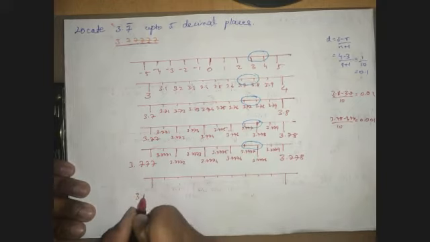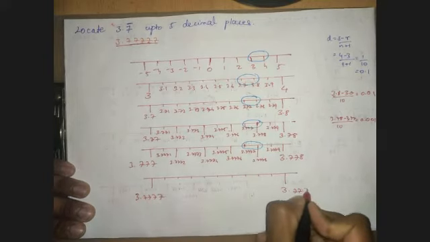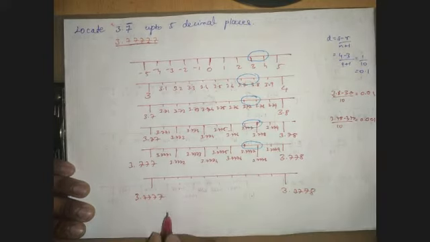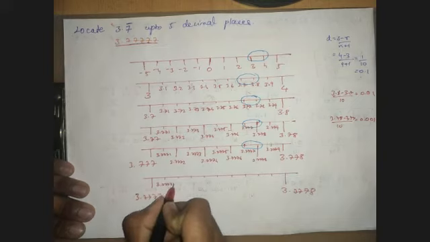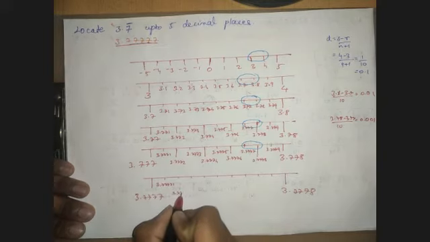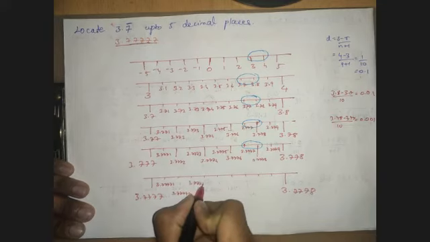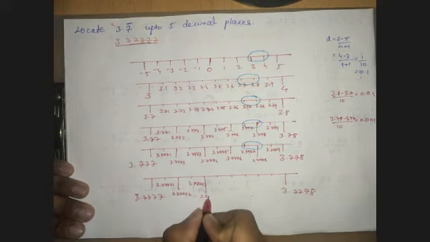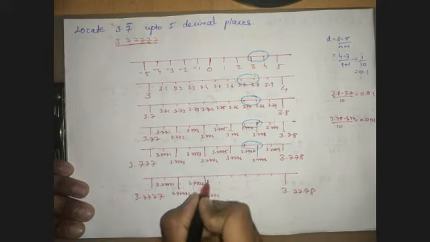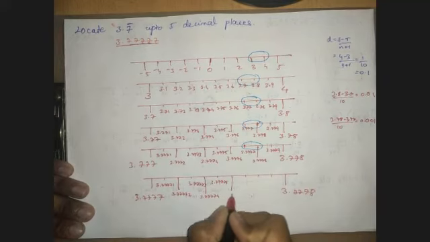So 3.7777 and 3.7778. So how do I add the numbers? I add 3.77771, 3.77772, 3.77773, 3.77774, 3.77775, and so on.